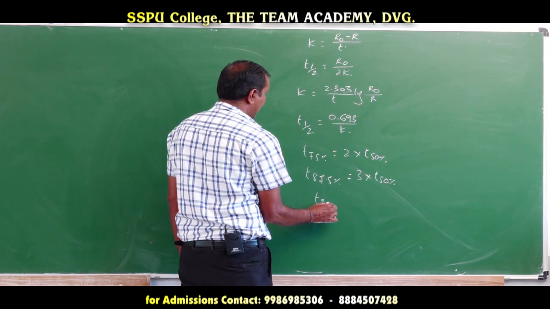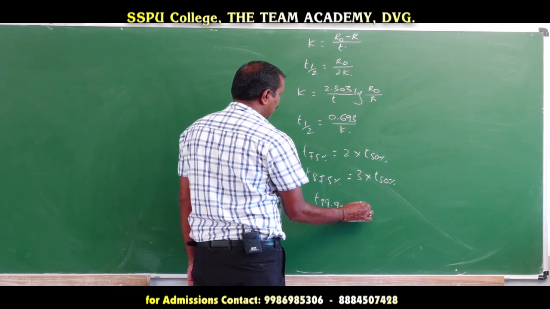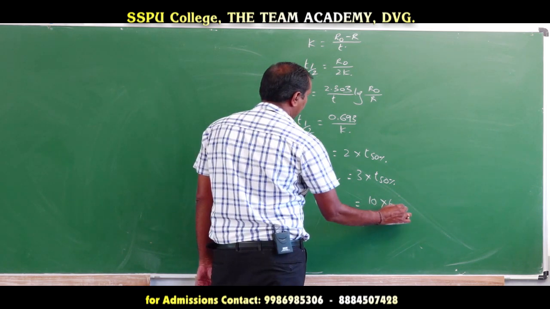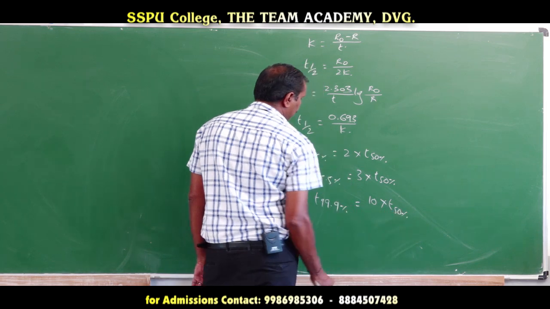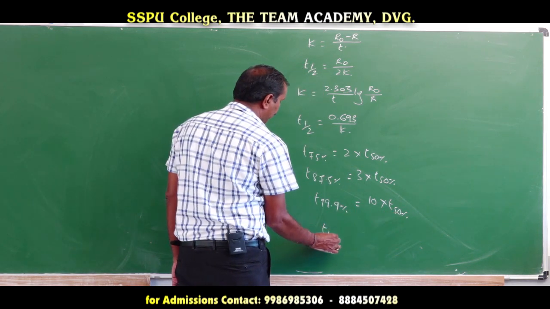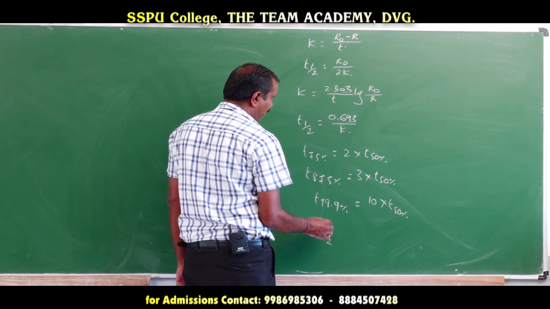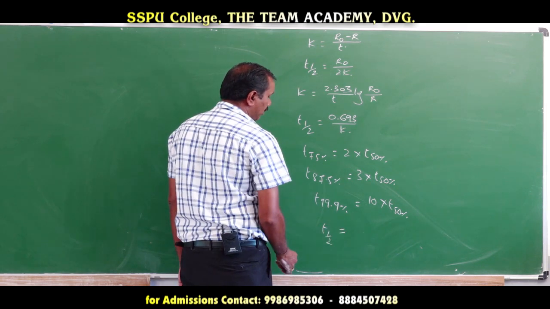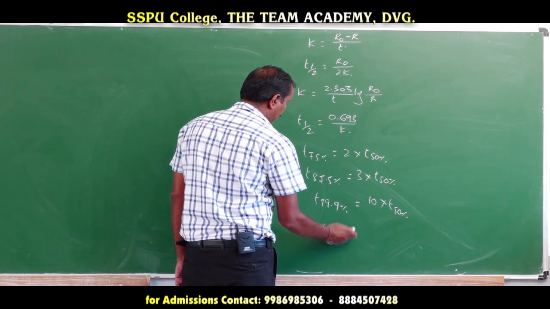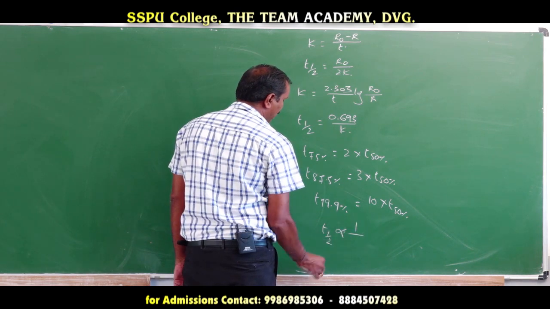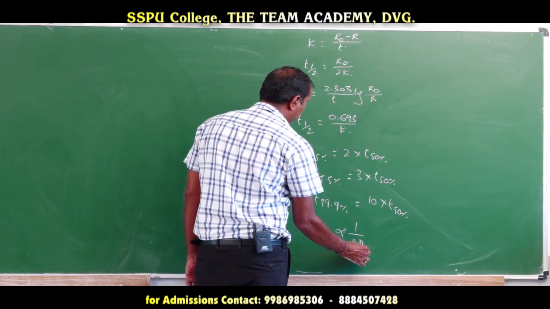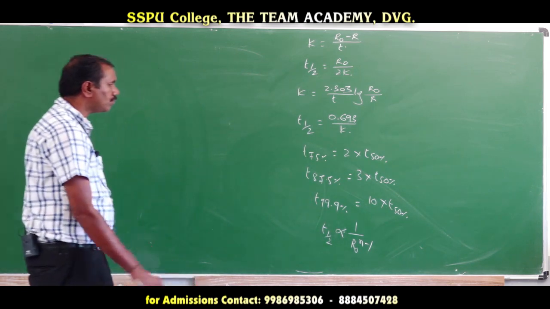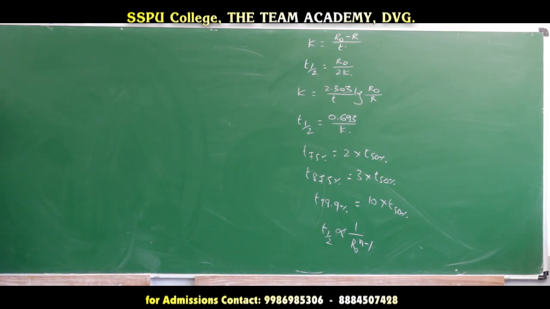T 99.9% conversion is equal to 10 into T 50%. Then the relationship between half-life and order and concentration of reactant: T half is directly proportional to 1 by R0 to the power of n minus 1. Okay?